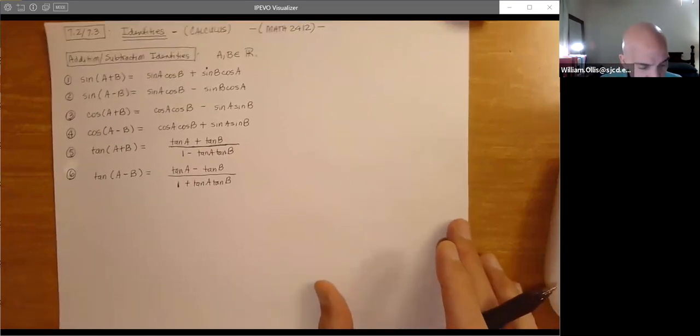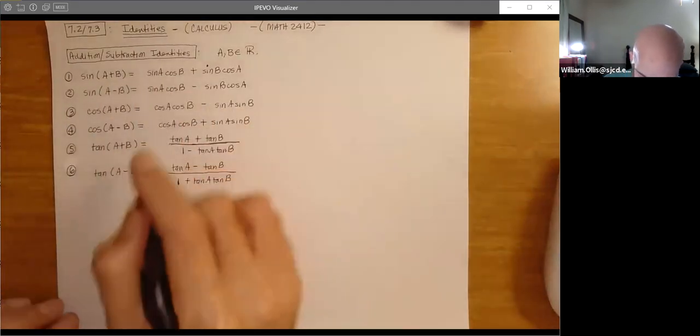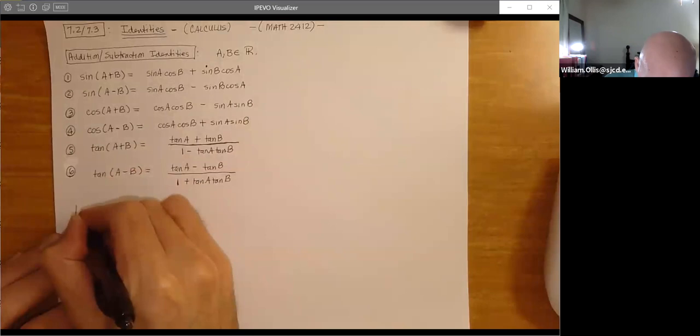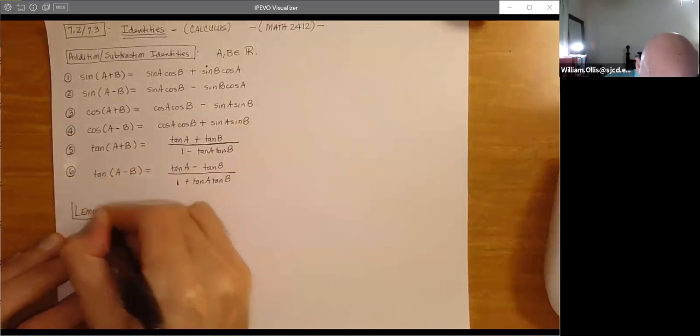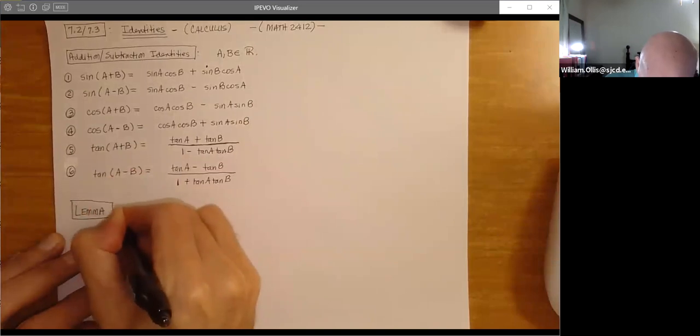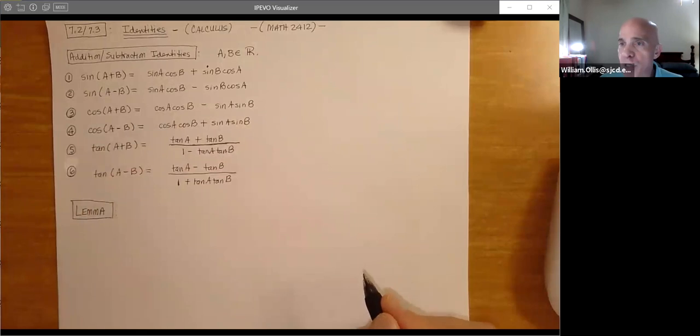Now, one thing I want to note here that's very interesting as an offshoot to this is the famous lemma, kind of like Professor Ron's lemma for the AC, and then Professor Ron's lemma for solving the basic trig equations. There's a utility here that is important in the sense that when you solve math problems, you can get the sum of a sine and a cosine function with coefficients.